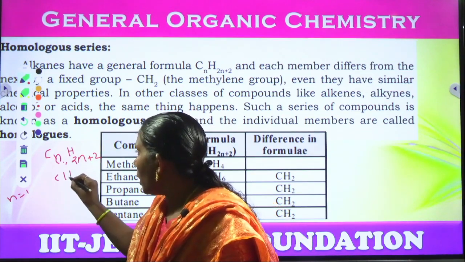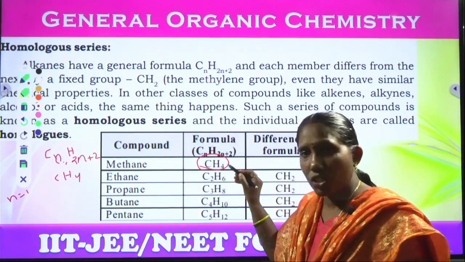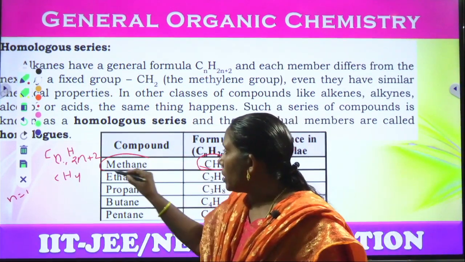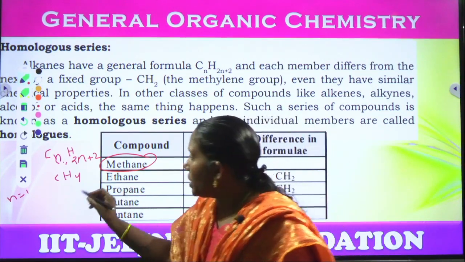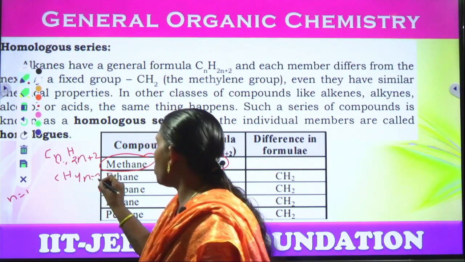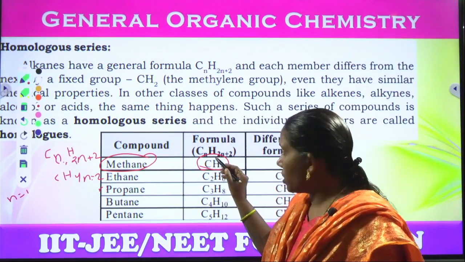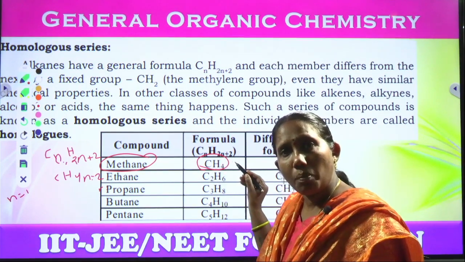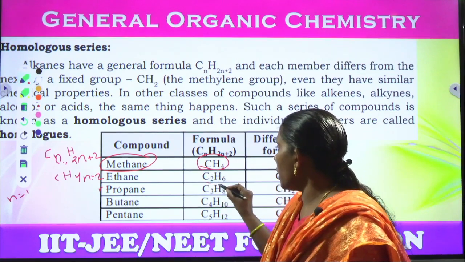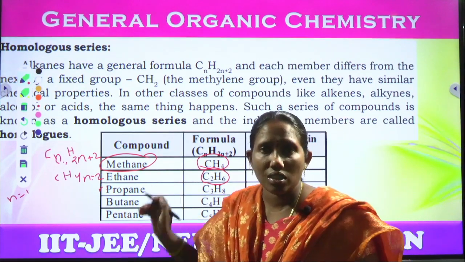So CH4, when n equal to 1, the molecular formula is CH4, and the name is methane, right? Now the next one, take n equal to 2. C2, H2 into 2 plus 2, 2 2s are 4 plus 2, 6. So C2H6, with 2 carbons, is called ethane.